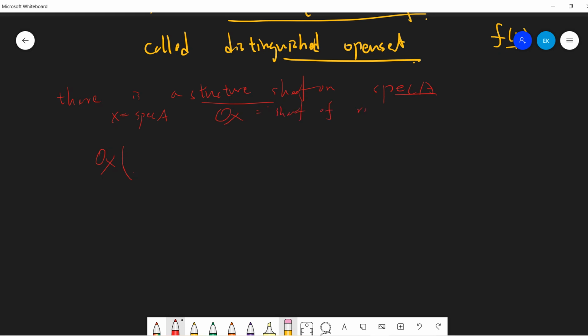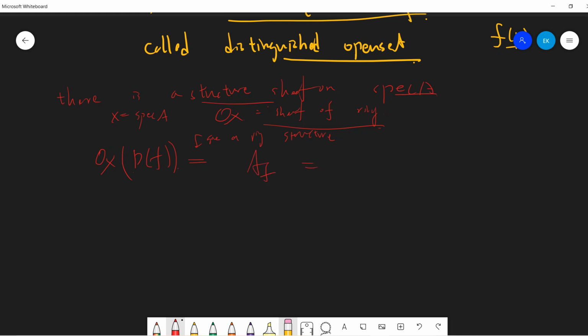Basically, for each open set you need to give a ring satisfying the sheaf property, which is hard to prove. The proof can be seen in the textbook. For this O_X, I only need to define it on D(f), which is already enough.